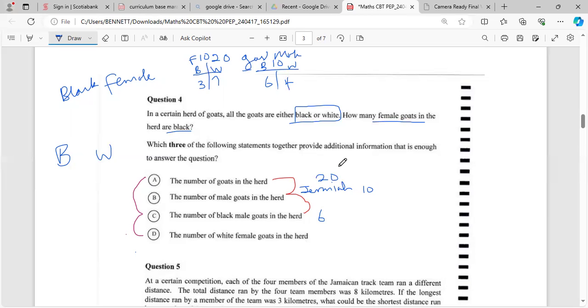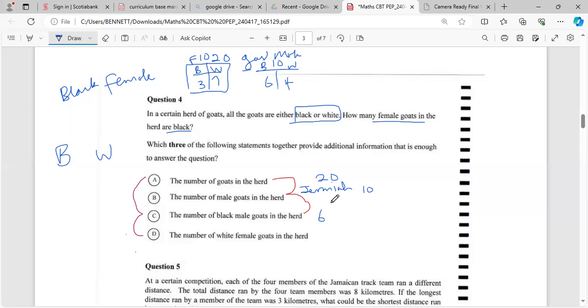You sure this couldn't work? Look at it, Jeremiah. Remember, you can have a female goat which is black or white. If we only know about the male, how are we going to come to a conclusion about the female? If we use the number of goats in the herd, which is 20, and the number of male goats, these only focus on the male goats.